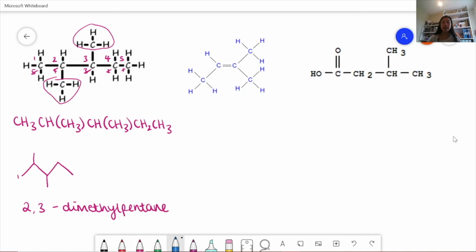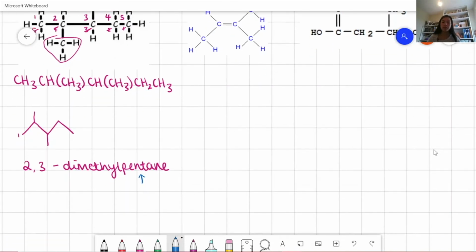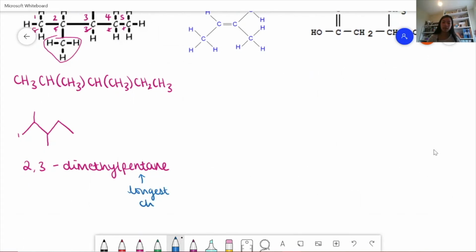So the pentane indicates the longest chain. So that's telling us that there's 5 carbons in the longest chain.